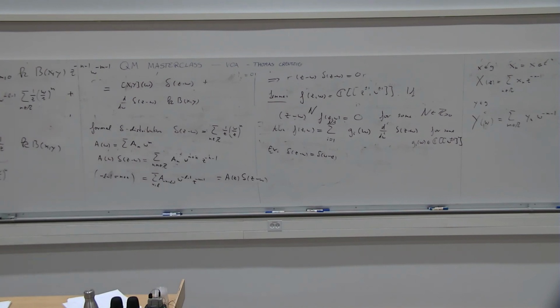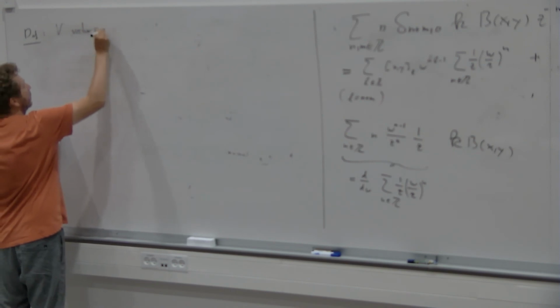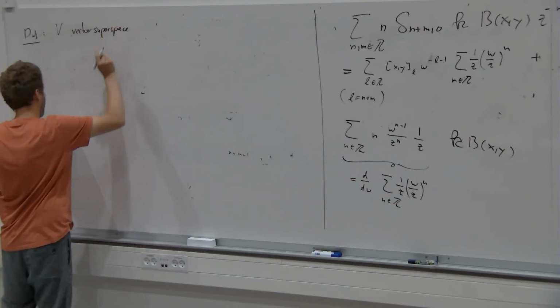Okay, let me maybe conclude this lecture with a definition of a field. So V is a vector space, and everything is super, as a reminder.